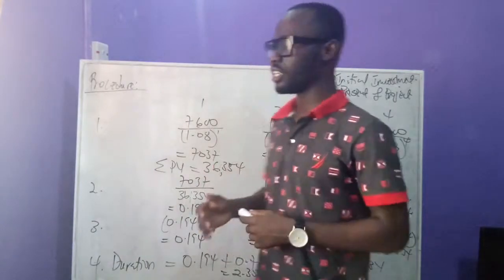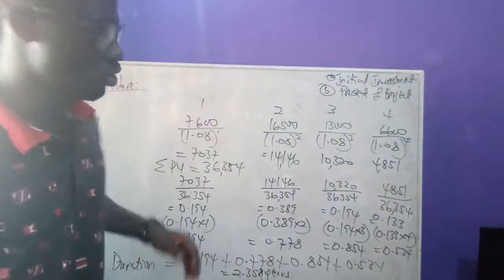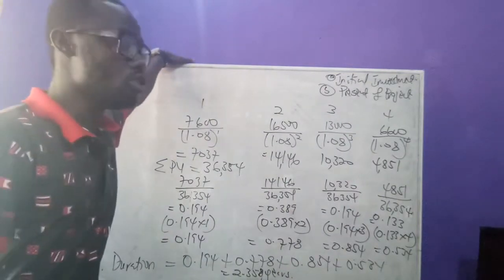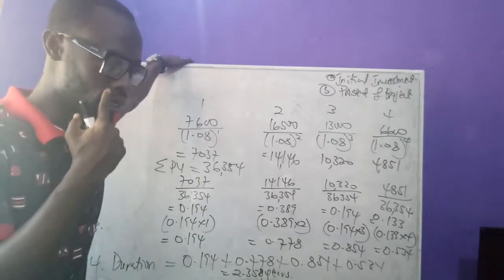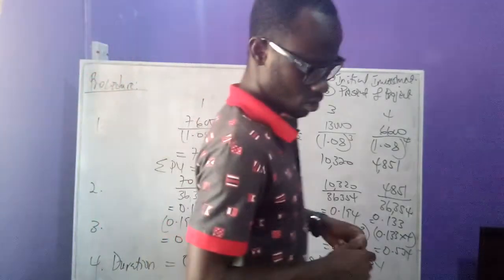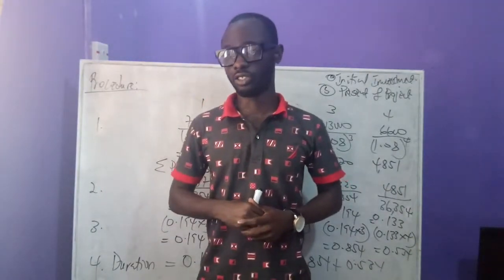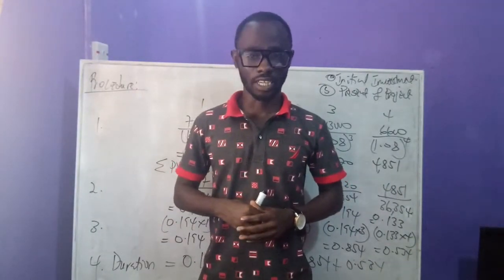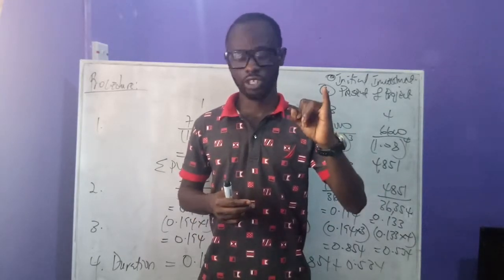So that is what you need to understand when we talk about duration, and also when we talk about using the advanced techniques in determining whether we should accept a project or not. So these are the techniques that you need to understand. In total, we've done about 7 techniques. We looked at the accounting rate of return.